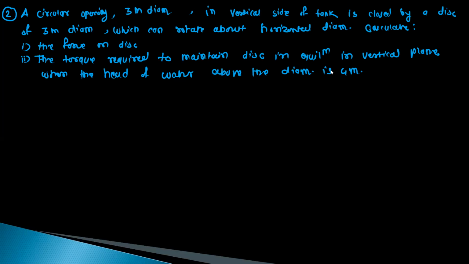Okay, so this is the given condition. There is one tank, and on the vertical side of the tank there is one opening. That means there is one circular hole which has 3-meter diameter, and that circular hole is closed by the disc having the 3-meter diameter.